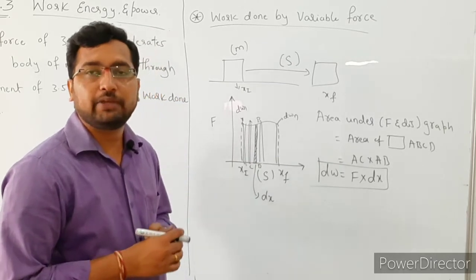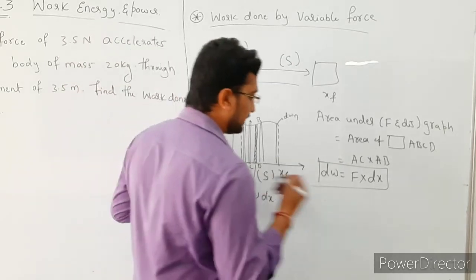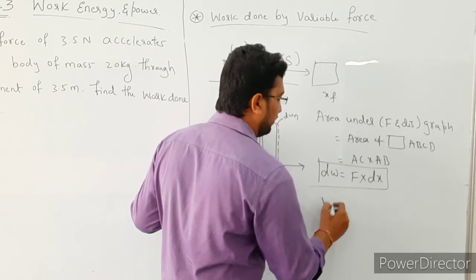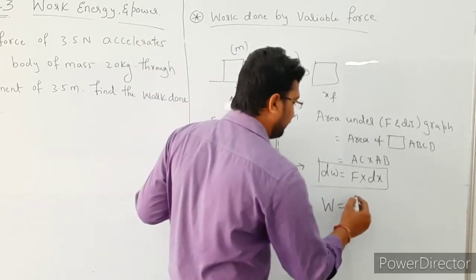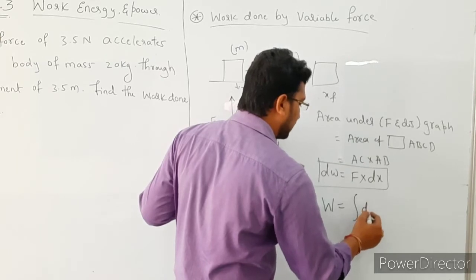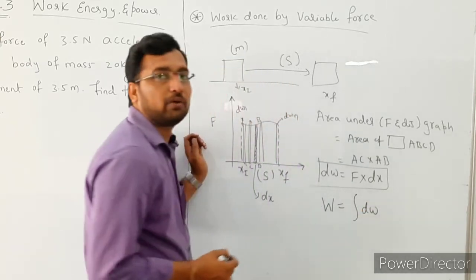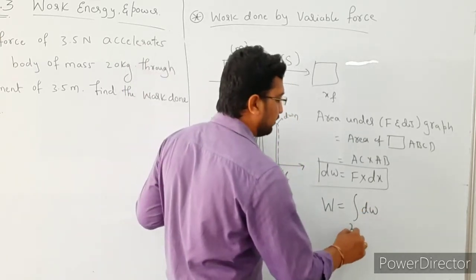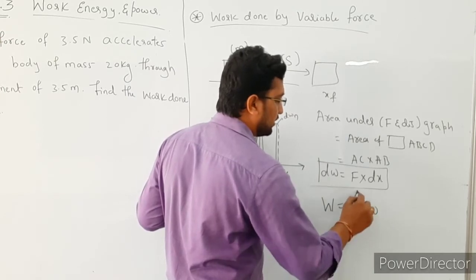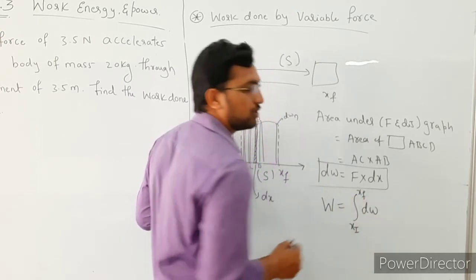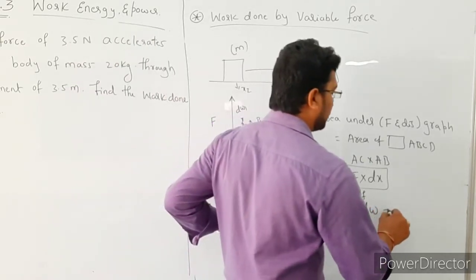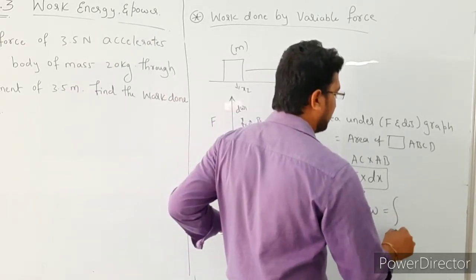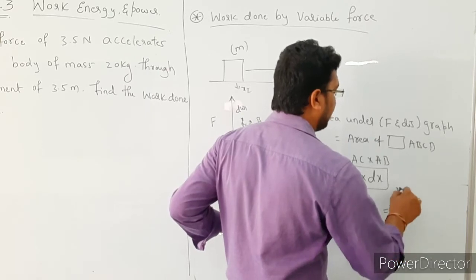Instead of adding, we use integration. W indicates the total work done, which is equal to the integration of the small work done from the initial position to the final position, that is, the integral from x initial to x final.